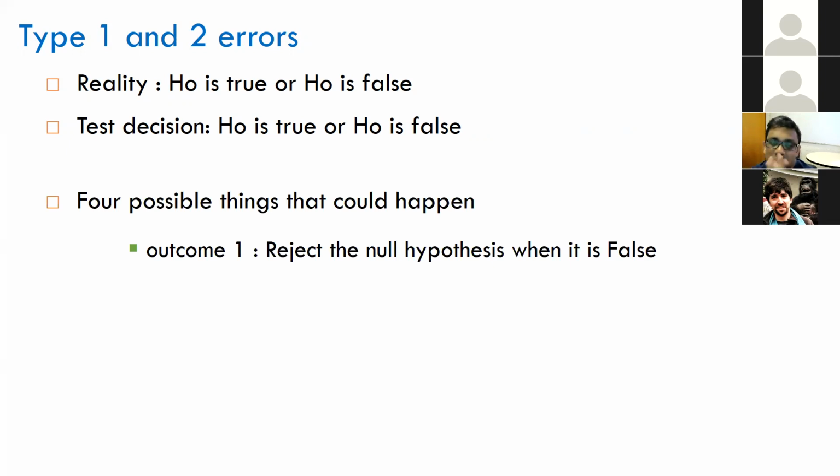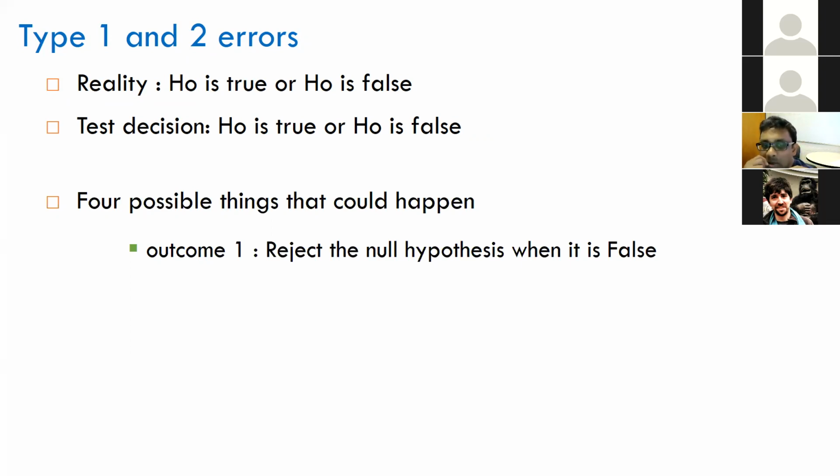If you look at the first 2 boxes, H0 true or false and the test decision, the type 1 and type 2 errors depend on the reality and the test decision.